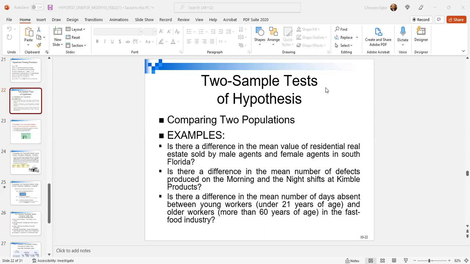Is there a difference in the mean number of defects produced in the morning and the night shift? Okay, and there could be theoretical reasons. Those who come in the morning, maybe they're still groggy, they're still sleepy, or those who come in the night shifts, they get sleepy and they are tired people.